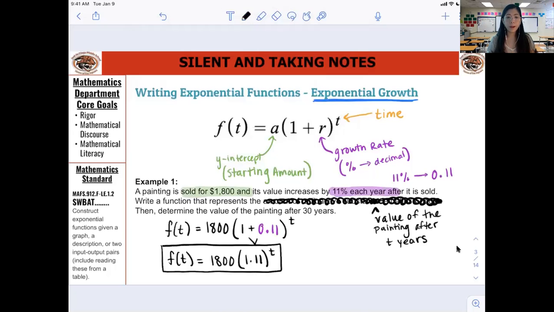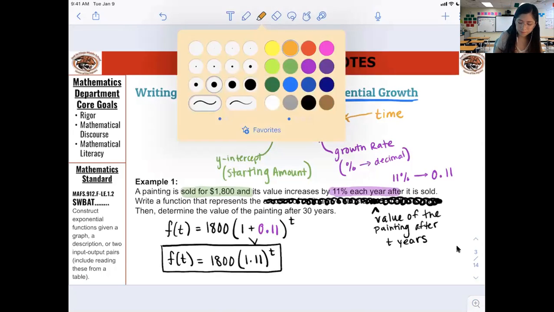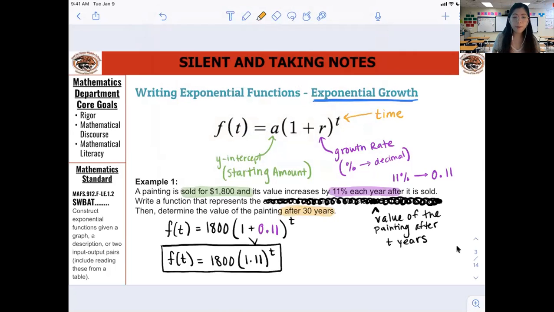Cool. Okay, now I'm going to go to that last sentence and reread it, because it says, then determine the value of the painting after 30 years. So now 30 is my amount of time, that is my input value.